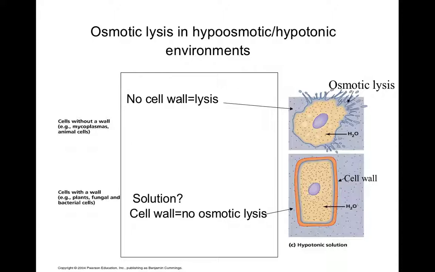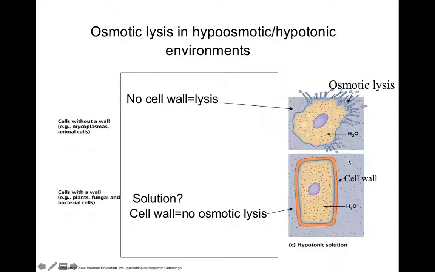So the solution that evolved for many, many cells was an outer protective layer outside the cell membrane, and this is the cell wall. And one of the most important functions of the cell wall is to prevent the cell from undergoing osmotic lysis when the little cell is living in a hypoosmotic environment.